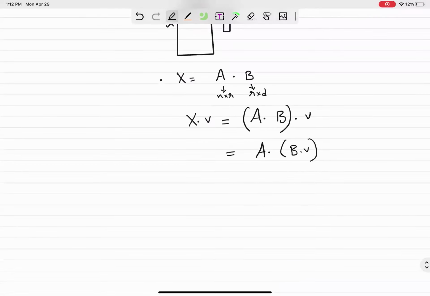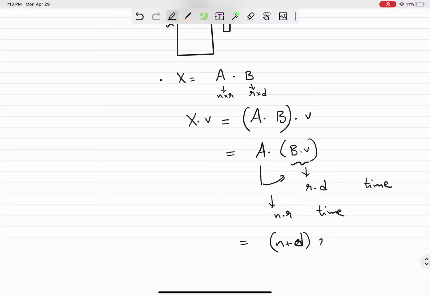Computing B times v will take R times d time, and computing the rest will take an additional n times R time.